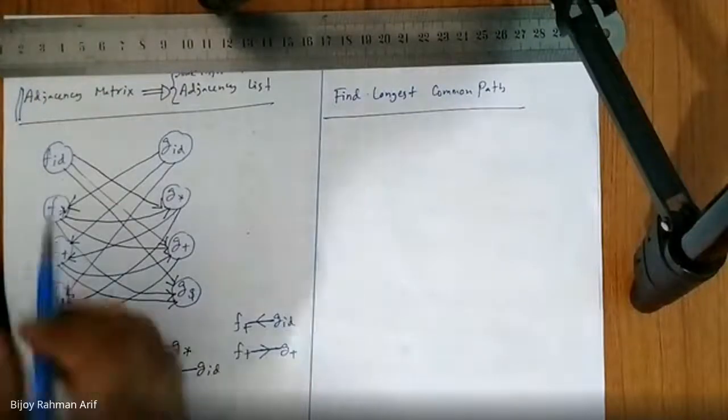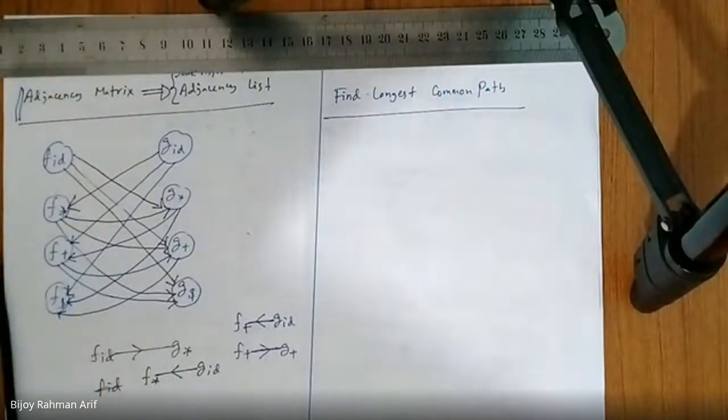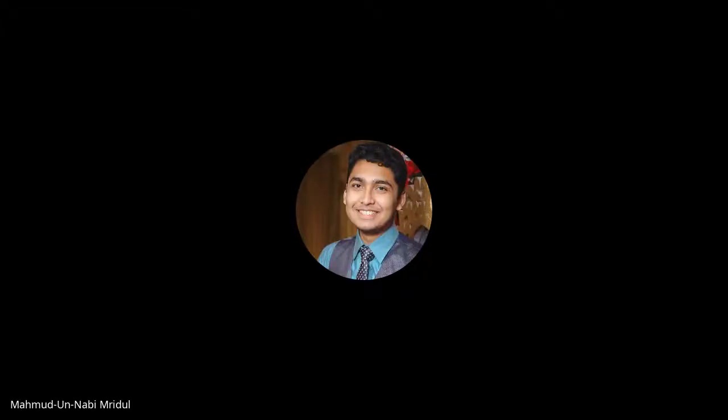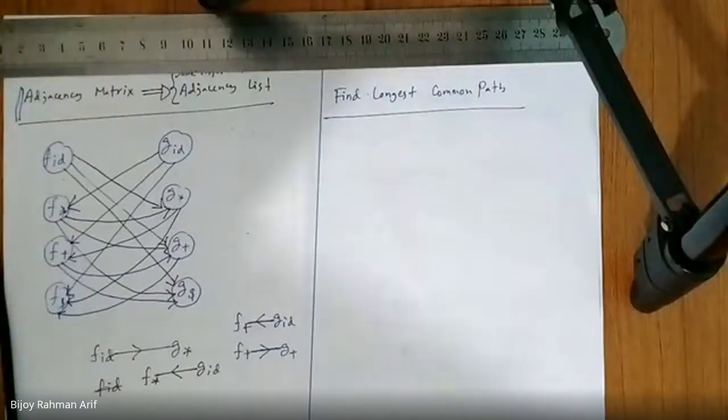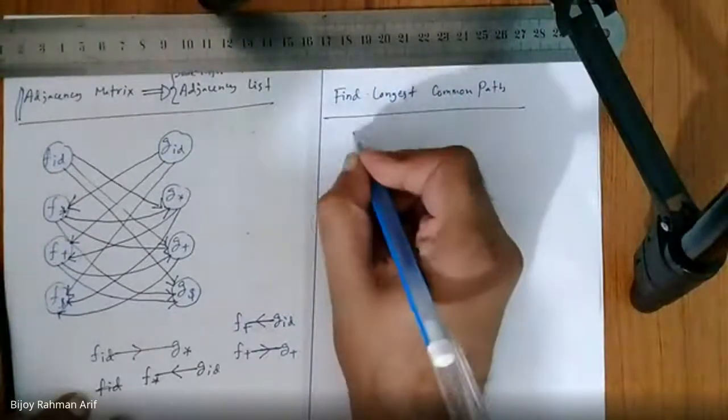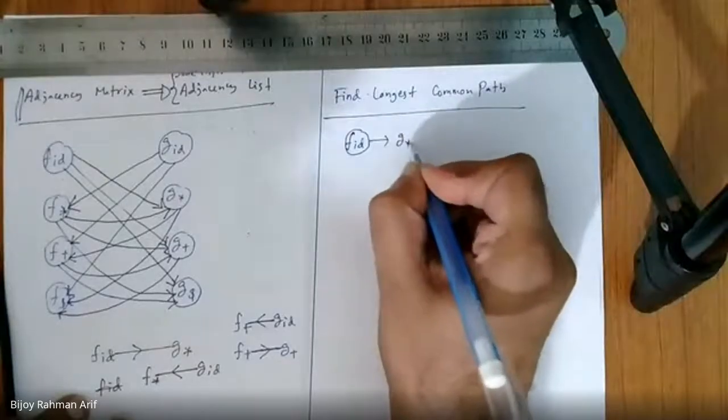Now, what is the longest common path from F ID? Sir, what do you mean by common? We are going to see. Longest path. What is the longest path from F ID? You can go from F ID to G star.